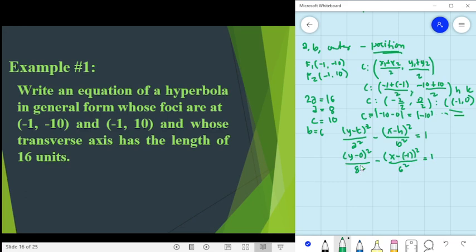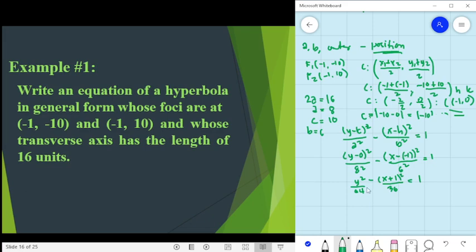And then simplifying this one, we have y minus 0 is y squared, minus, this becomes quantity x plus 1, over 64, over 36 equals 1.